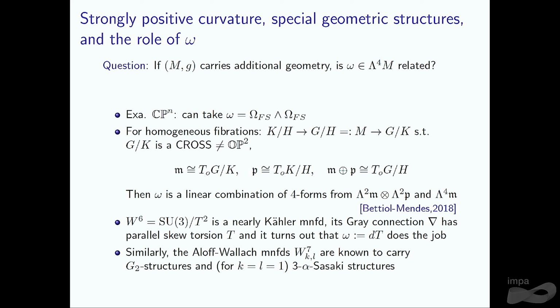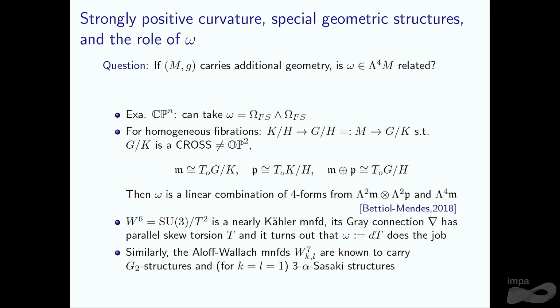Whenever we are in the situation of a homogeneous fibration such that the base G/K is actually a compact rank one symmetric space other than the Cayley plane, then what they at least were able to show is that, if I call m the tangent space of G/K, p the tangent space of K/H, then the tangent space of the manifold I'm interested in, G/H here in the middle, is m plus p. And they could argue that the 4-form is not arbitrary.